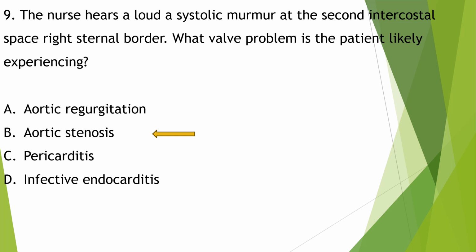The systolic murmur at the second intercostal space at the right sternal border shows aortic stenosis. Aortic regurgitation is a diastolic murmur heard at the third intercostal space. Pericarditis produces an audible friction rub. Infective endocarditis produces a turbulent murmur that varies depending on the valve involved.